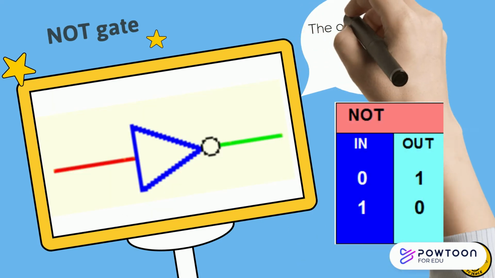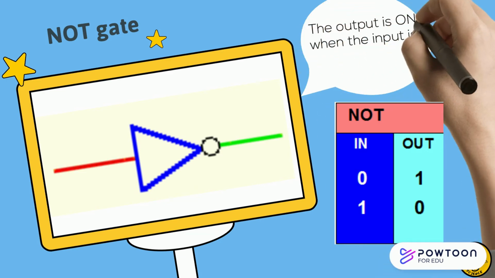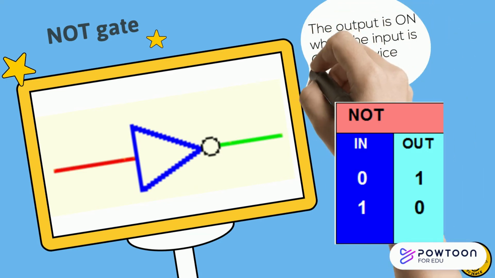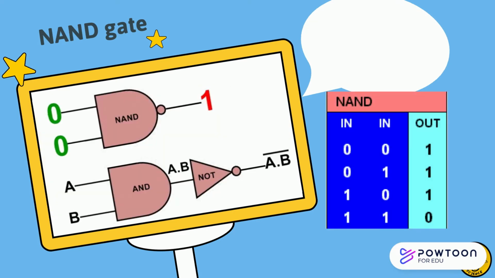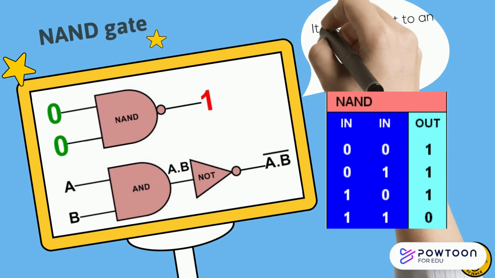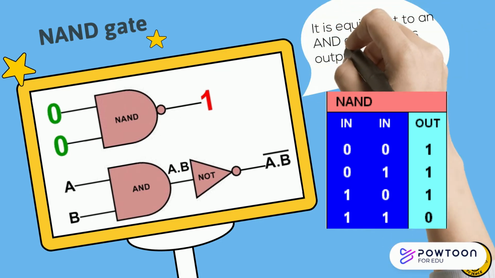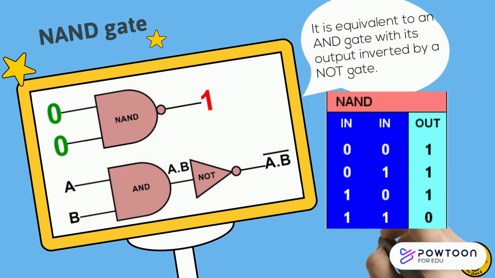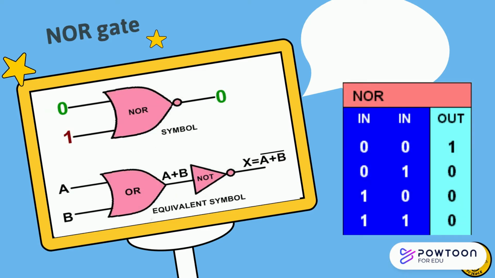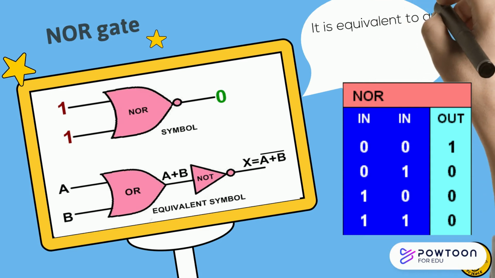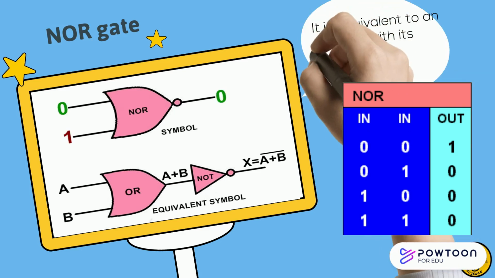The output is on when the input is off, and vice versa. NAND gate. It is equivalent to an AND gate with its output inverted by a NOT gate. NOR gate. It is equivalent to an OR gate with its output inverted by a NOT gate.